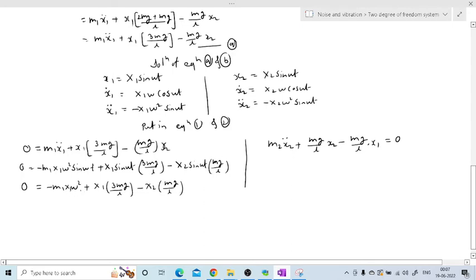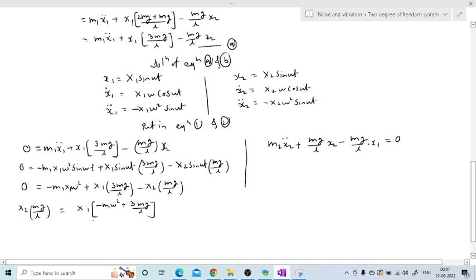See here, the x1 is common in the first two terms and x2 is transferred to that side. So when x2 is transferred to the other side, x2 will become positive. Okay, so take x1 common here. So here what will remain? Minus m1 omega square plus 3 mg divided by L.